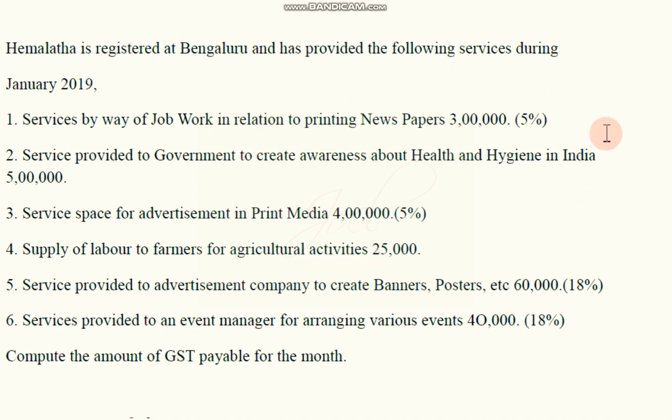For example, if a 5% rate is given, we equally distribute it into two parts, SGST 2.5% and CGST 2.5%. So 3 lakh into 5% we will get an amount, and that amount will be distributed equally, 50% to SGST and CGST. In that way we are going to calculate.